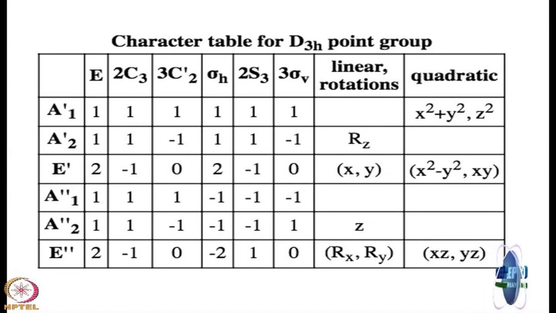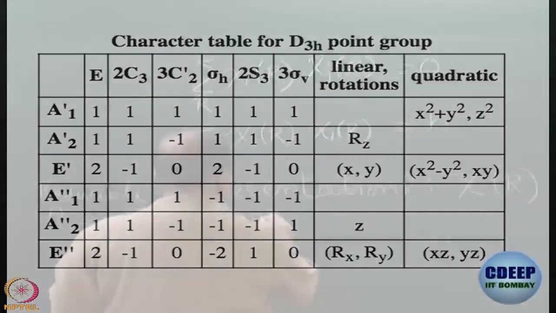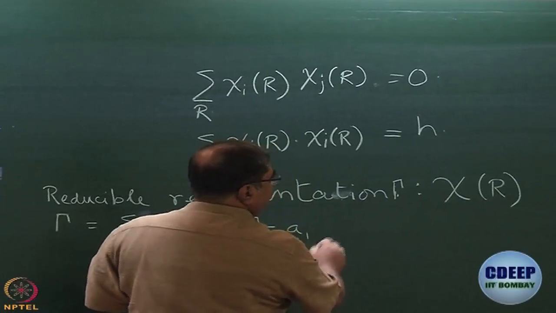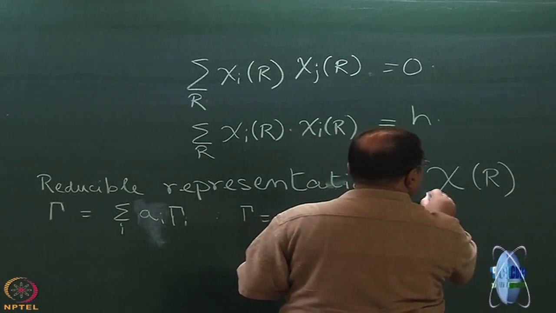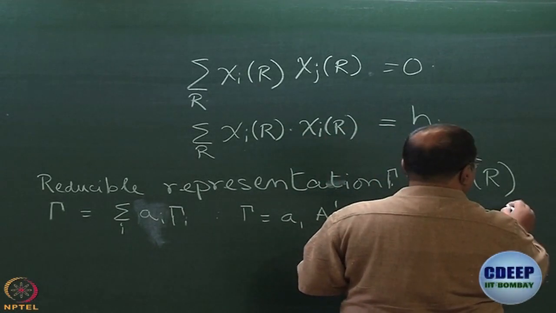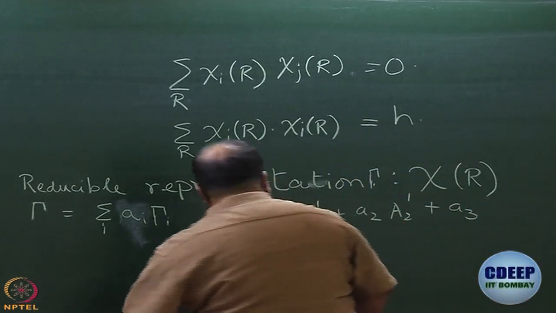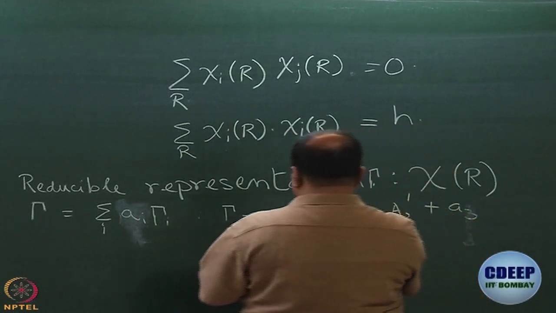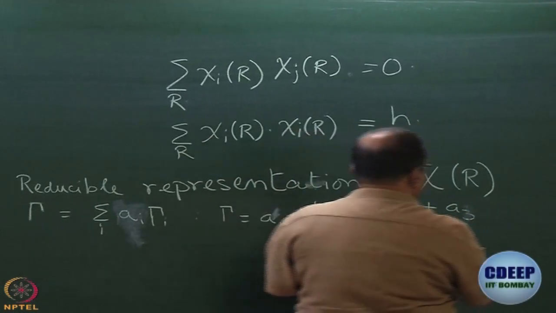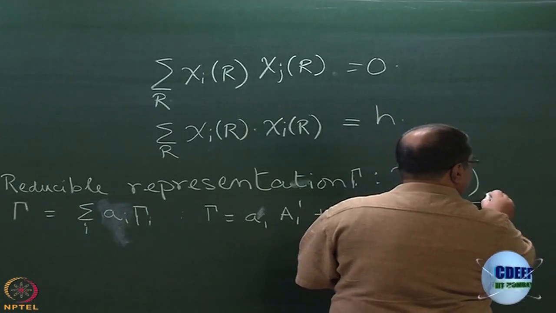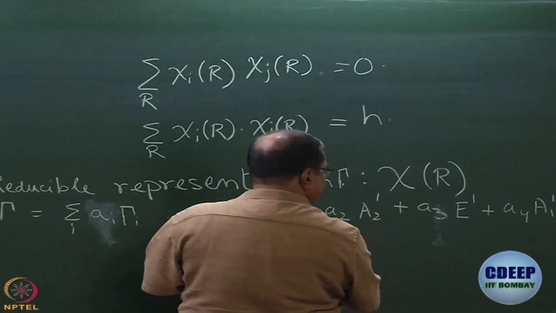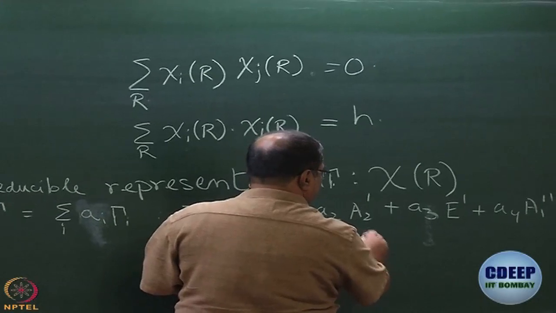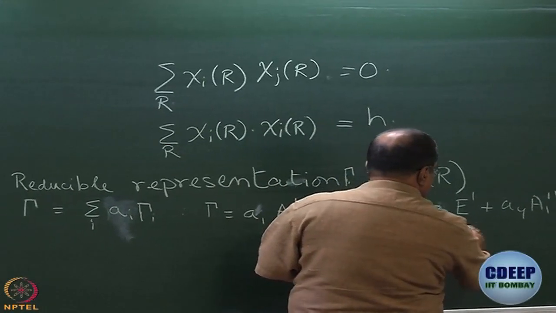This, right? So, for any gamma, I should be able to write a1 multiplied by A1 dash plus a2 multiplied by A2 dash plus a3 multiplied by E dash plus a4 multiplied by A1 double dash plus a5 multiplied by A2 double dash plus a6 multiplied by E double dash.